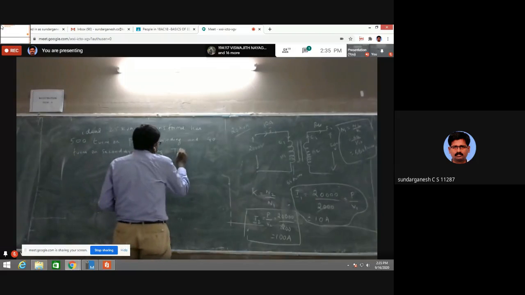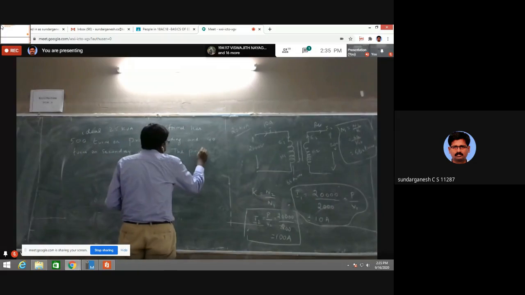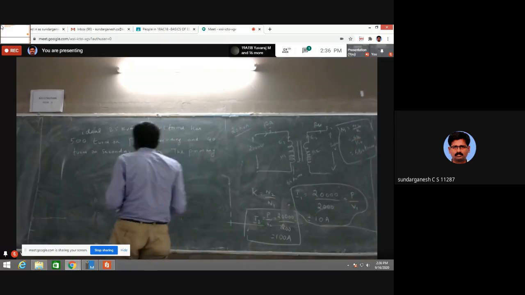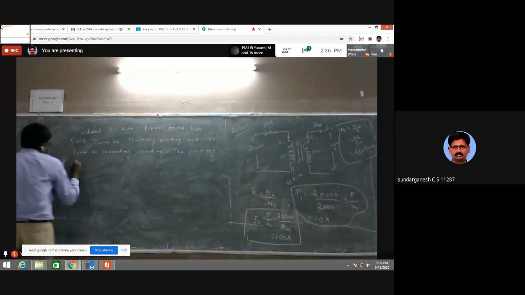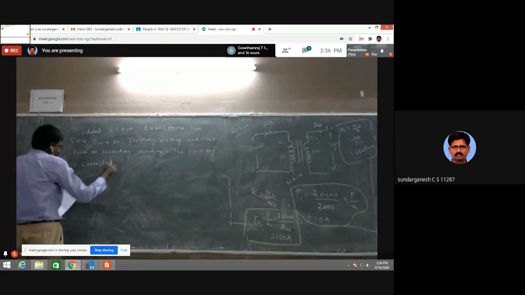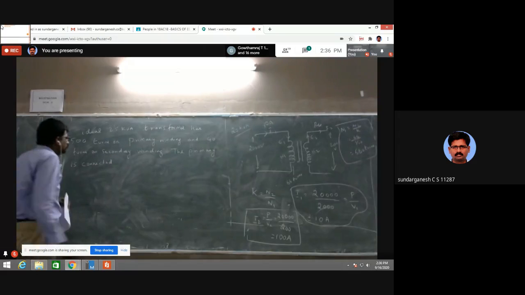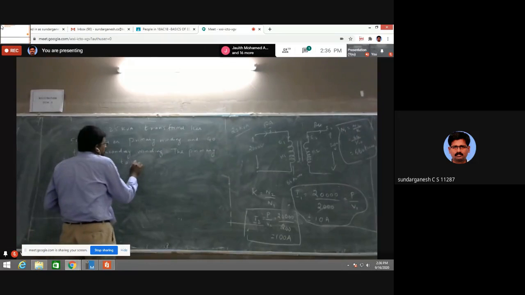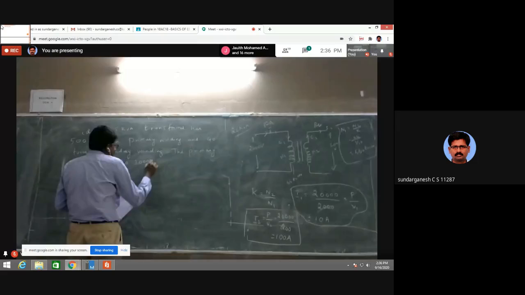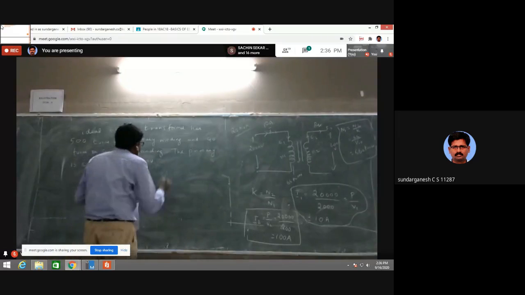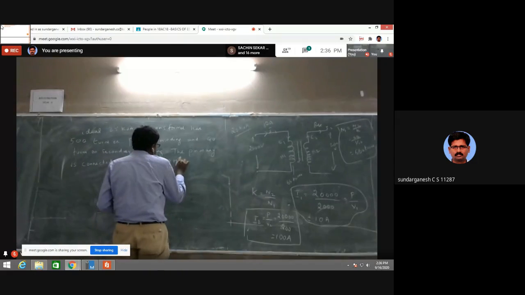Primary is connected to a 3000 volts, 50 hertz supply.